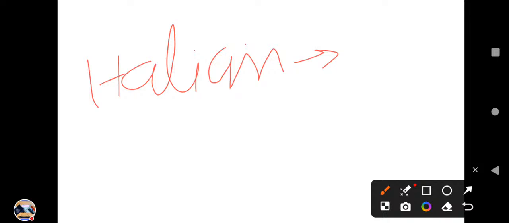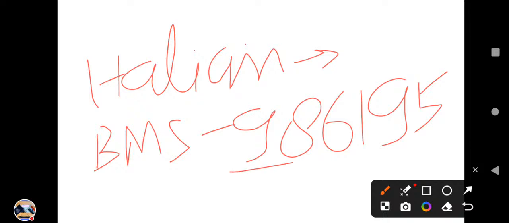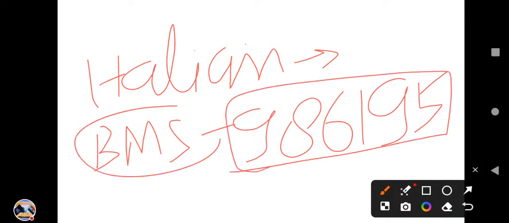And next is BMS-986195. This is the code and this is the drug.